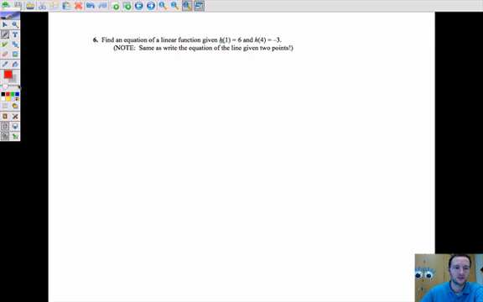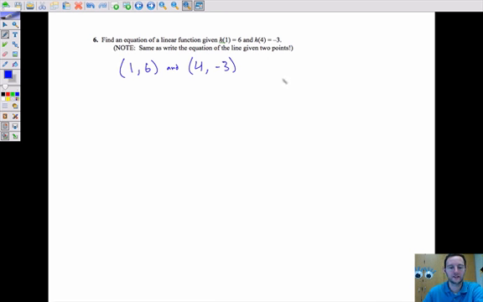This one, we have h of 1 equals 6, h of 4 equals negative 3, and it says find an equation. This sounds really difficult, but the little hint here, it's the same as writing the equation given 2 points. The 2 points we are given are 1, 6 and 4, negative 3.